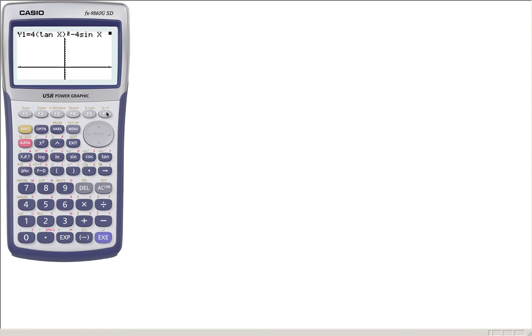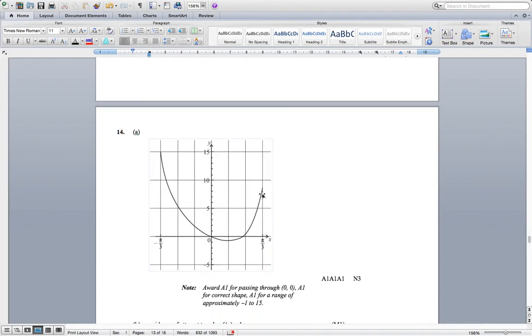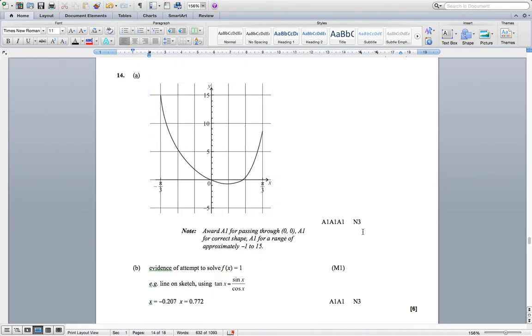Okay, let me draw. So this is the graph that you get. Let us see how they have awarded the marks. Award A1 for passing through 0, 0, A1 for the correct shape, and A1 for a range of approximately minus 1 to plus 15.